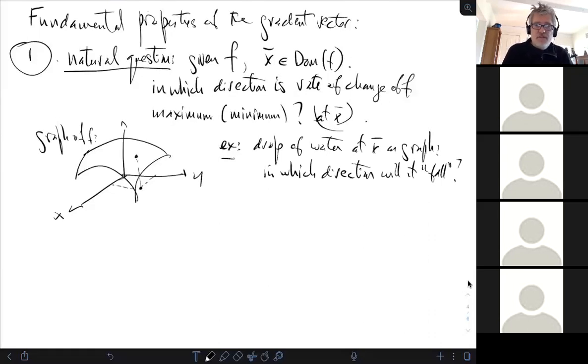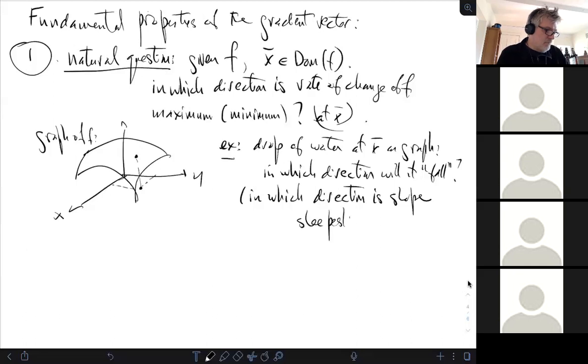So that's basically the direction we're looking for, right? This is where the surface is steepest. In which direction is it steepest? Right? Okay, so what does that mean?